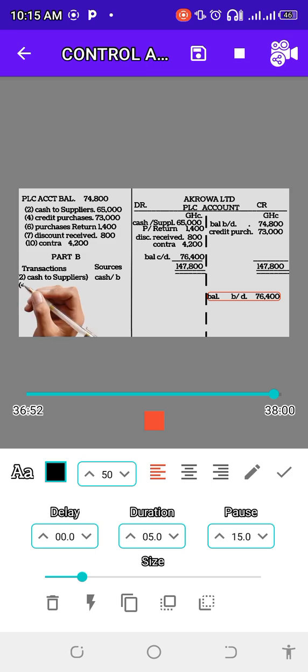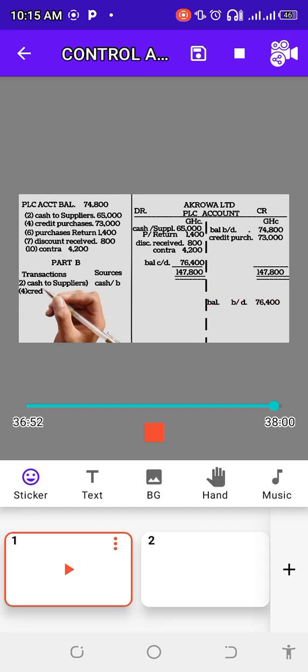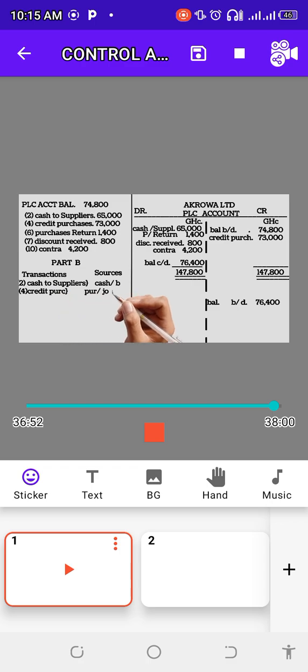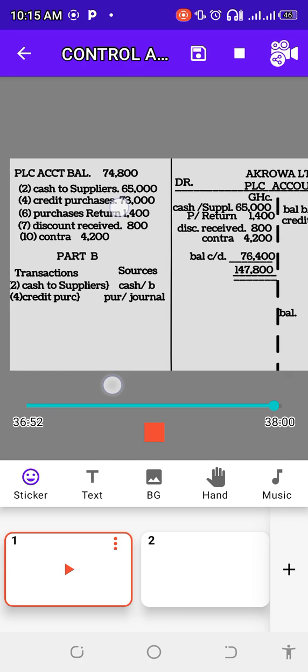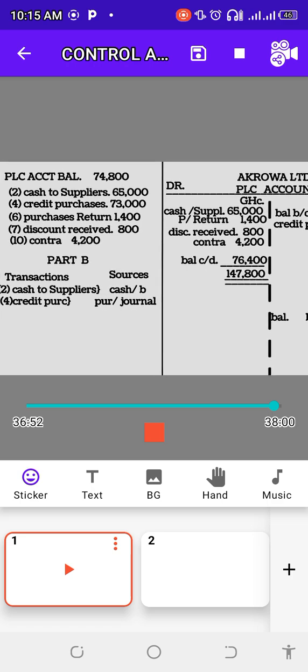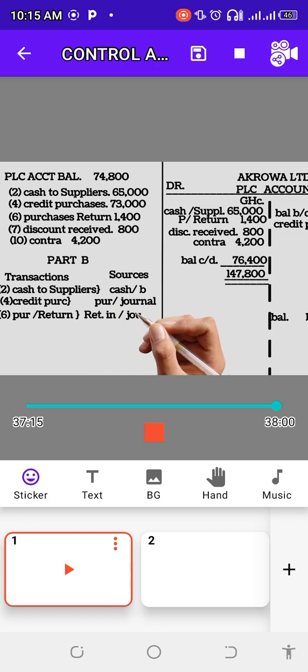The next one is credit purchases, which come from the purchases journal or purchases day book. The next one is purchases return, which is from the purchases return journal or returns outward journal.